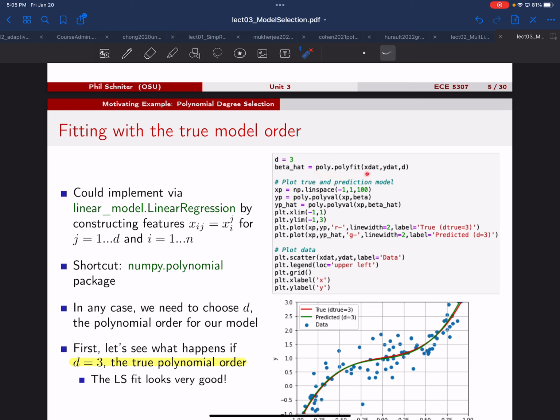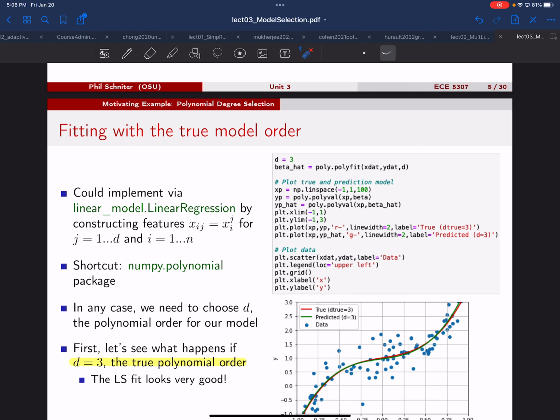We just give it the x data, the y data, and the model order D, and it gives us the beta hats. Then we use polyval to apply those betas to some new feature vector xp.